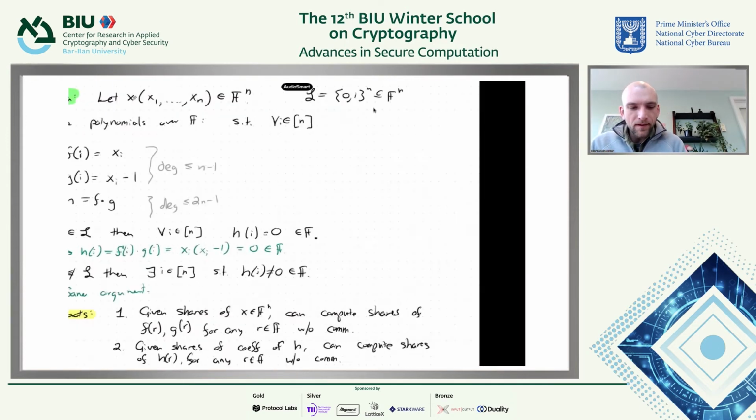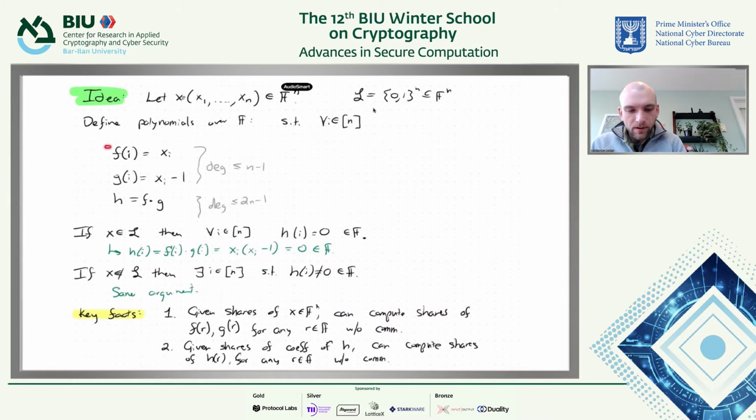Remember, f and g are polynomials defined by the client's input, and h is the proof that the client sent. If f and g are computed from the client's input, and h is also correctly computed as f times g, then these two facts tell us that if h of i is 0 everywhere, then the client's input is in the language that we care about.